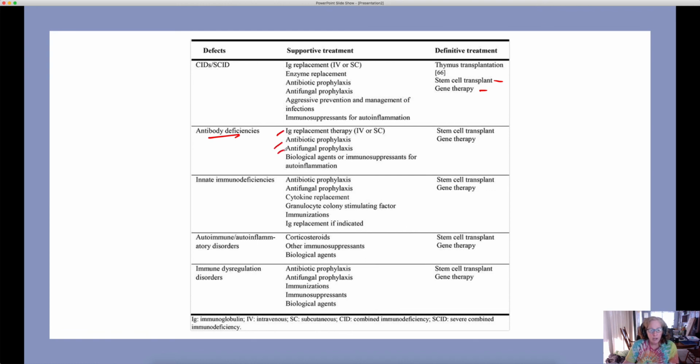We can give antibiotics and antifungals, and of course biological agents to suppress inflammation. Here in autoimmune and autoinflammatory disorders, immunosuppressants and corticosteroids are usually the treatments of choice. There are a few biological agents like the rituximab that I showed you, which are your monoclonal antibodies.